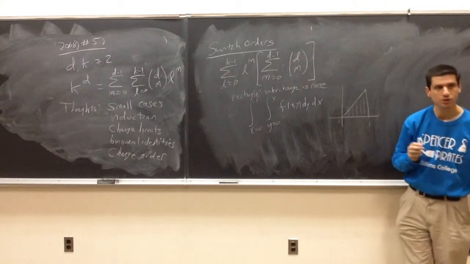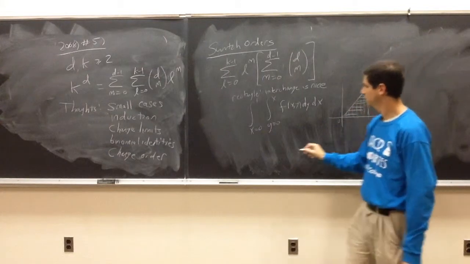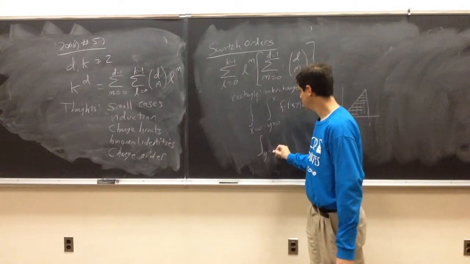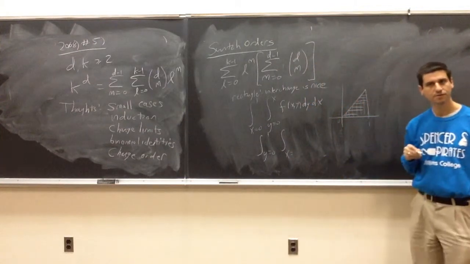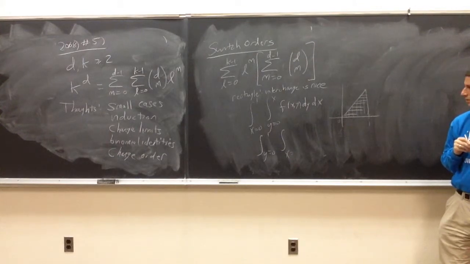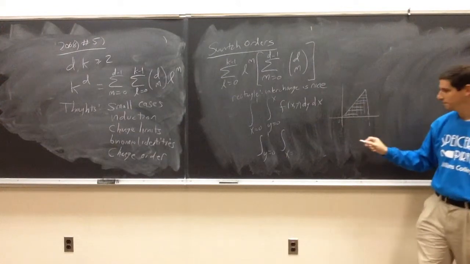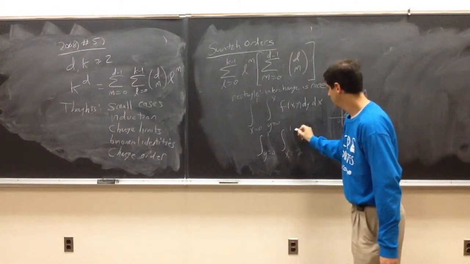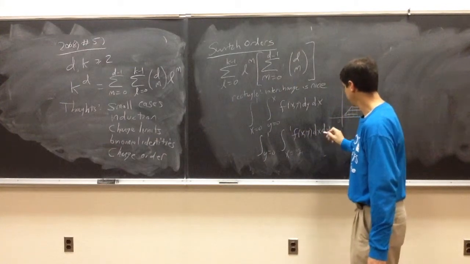If I want to switch the orders of integration, I'm now going horizontally. I would now integrate y goes from 0 to 1, integrate x goes from where to where? y to 1. f of xy dx dy.